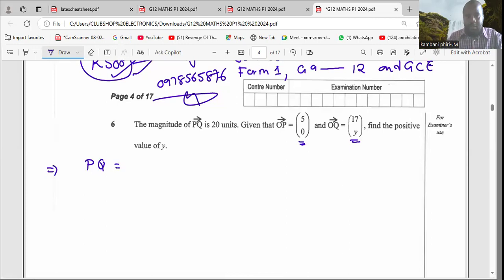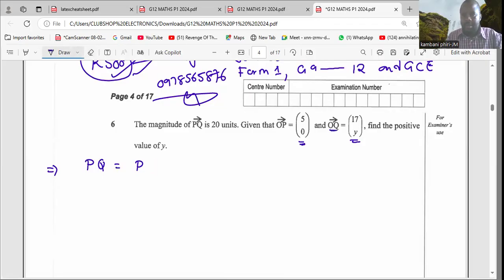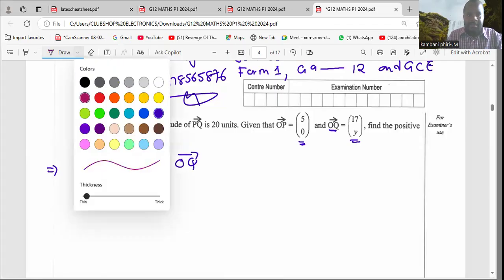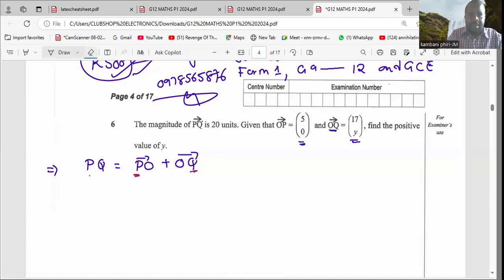So to find PQ, we must move from P to O, because we have OQ, so we are dealing with position vectors. So PO plus OQ. Why? The first letter and the last letter, when you combine them, must give you this.